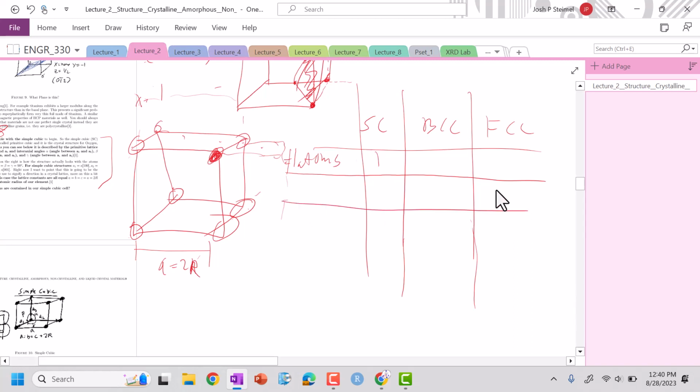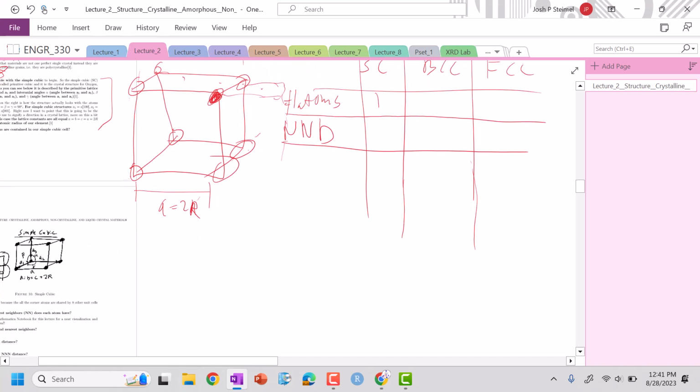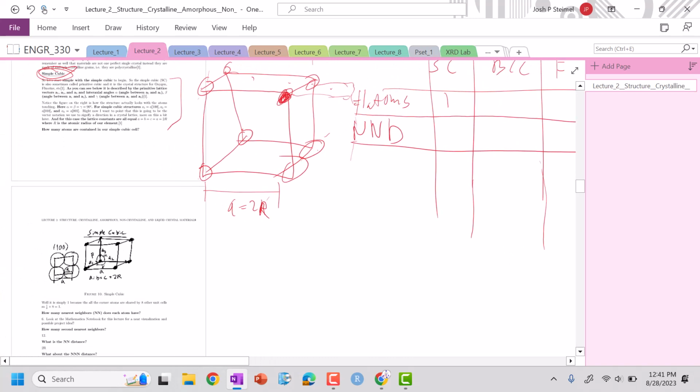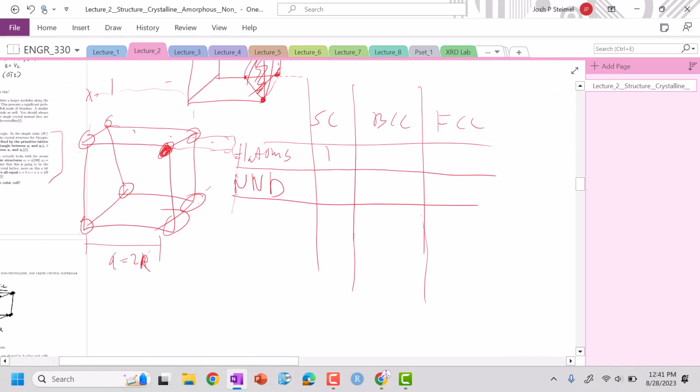The next question will be, what is our nearest neighbor distance? So the nearest neighbor distance is effectively the closest distance between atoms in this cell. It's always going to be fixed. It's always going to be 2r, because we can't put the atoms closer. Now, what about the number of nearest neighbors?